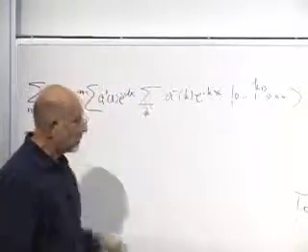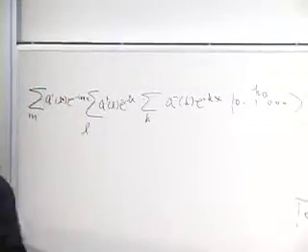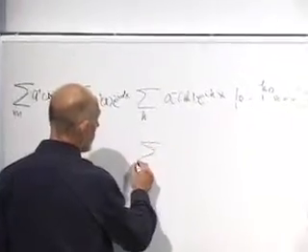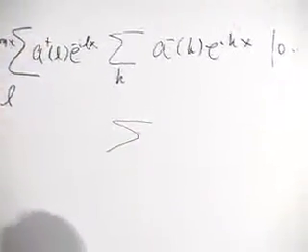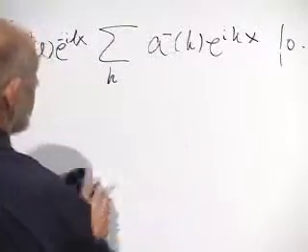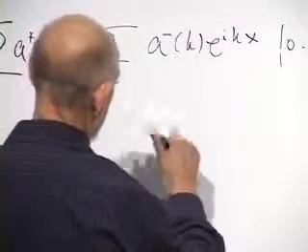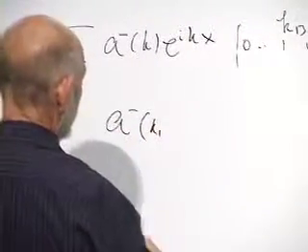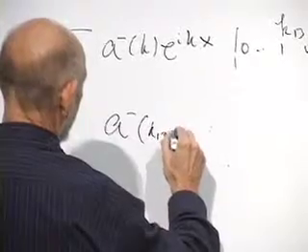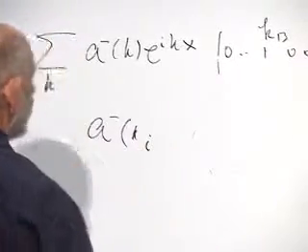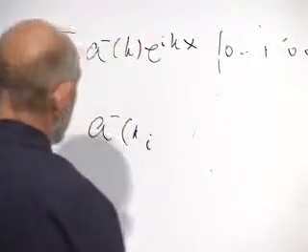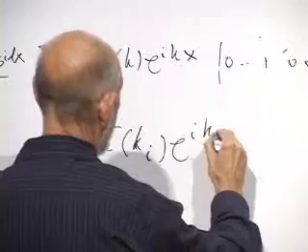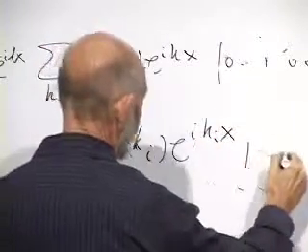The rule is an annihilation operator has to find something to annihilate. So this really reduces to one term. It's not a summation, it's one term, and it's the term with a minus of k13, or k initial, just k initial, times e to the I k initial x acting on this state.